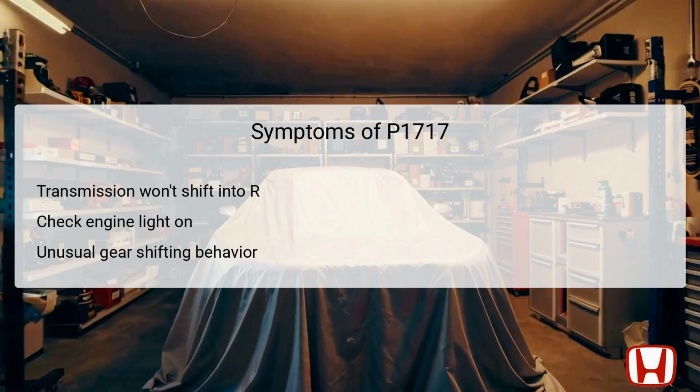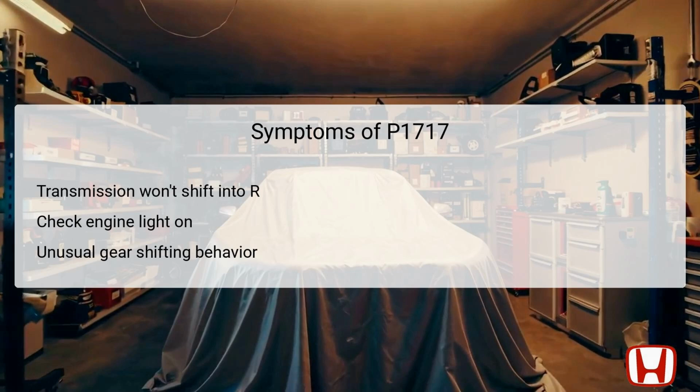Drivers may encounter several symptoms associated with DTC P1717. The most notable may include the inability to engage the reverse gear, which can significantly impact the vehicle's practicality and safety in scenarios requiring reverse driving. Additionally, the check engine light is likely to illuminate on the dashboard as a direct result of the stored trouble code.